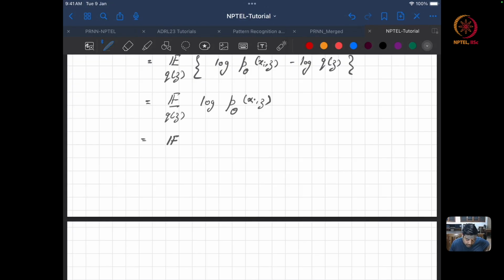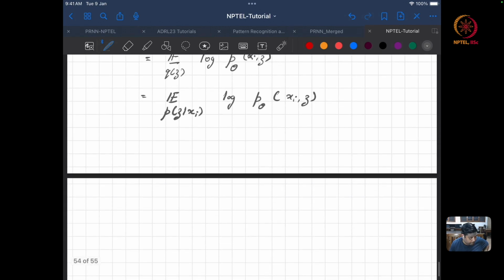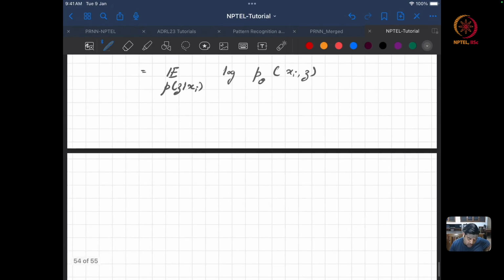Now when do I get the optimal value? When I replace Q with P of Z given Xi: log of P theta of Xi comma Z. Okay, so now this I can easily obtain.